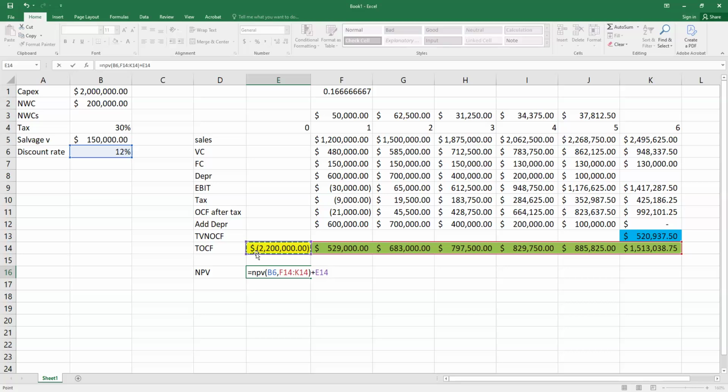Yes, please. In some situations where we had working capital each year, we should always deduct it from the total operational cash flow. Where do you add it? In what case are you adding it? You don't add it everywhere.